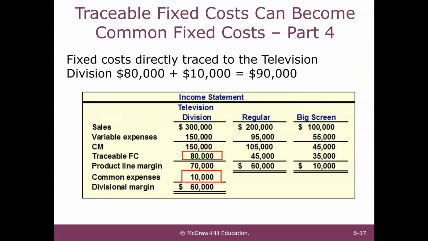Let's look at the common expenses. The common expenses are $10,000. So within the TV division only, there's $10,000 of common expenses. That $10,000 cannot be allocated to the regular screen or the big screen.